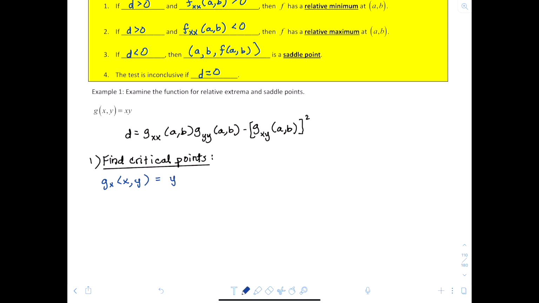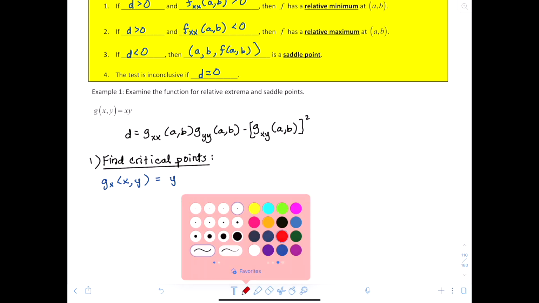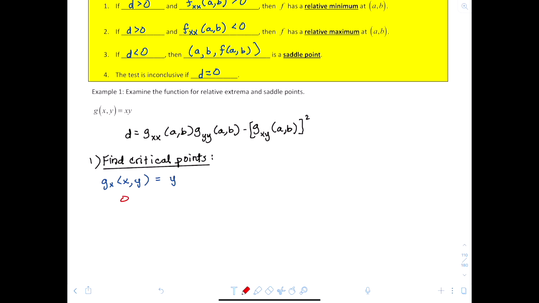And then we set that equal to 0, gx at x and y equal to 0. We'd have 0 equals y. And so that would equal to our b from the theorem.